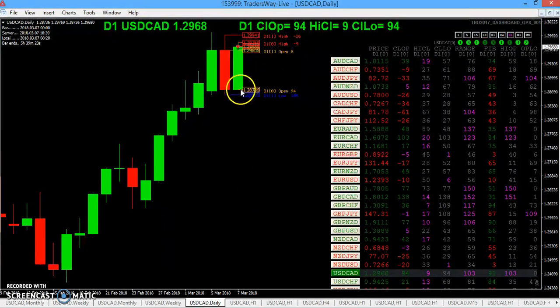You can see it basically reversed through that red candle of yesterday. We're in the wick zone. And once again, you see we got 96 pips above the open. We've got some nice ranges once again on the pound pairs.